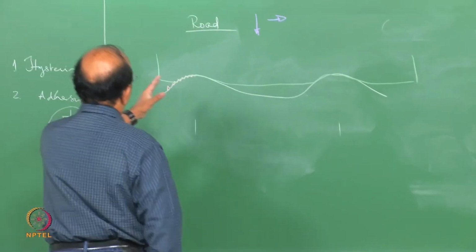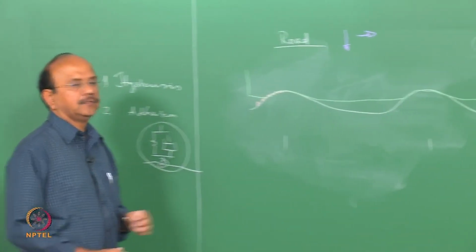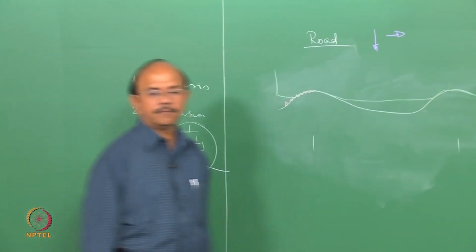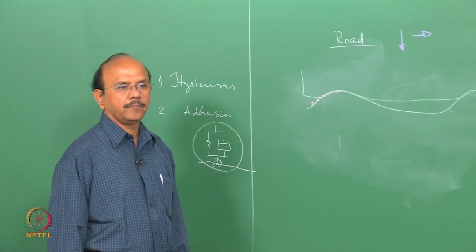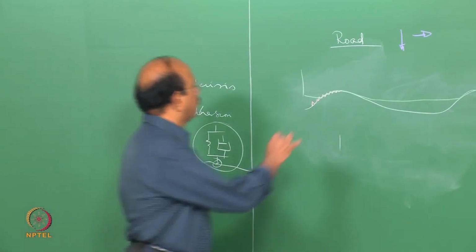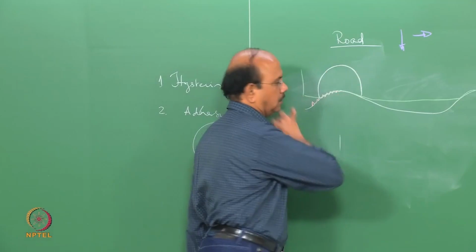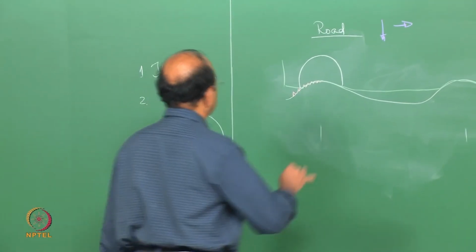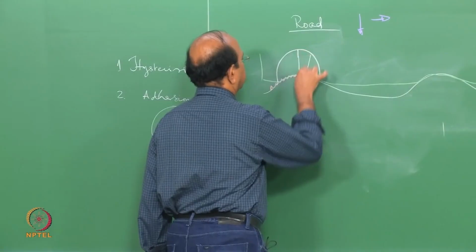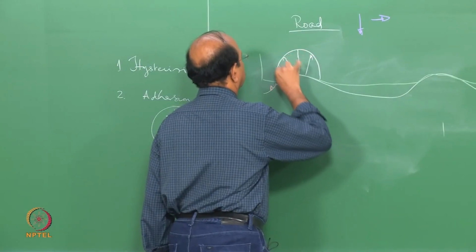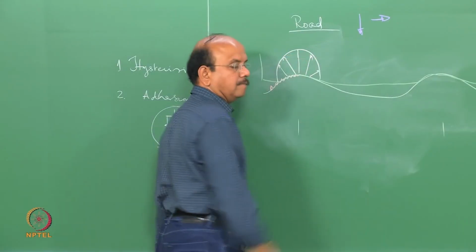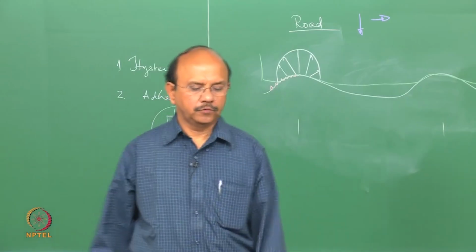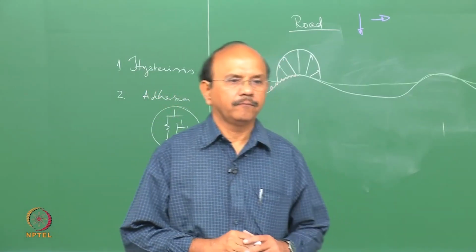Now, let's say that for a moment, forget about that. We have normal forces. Obviously, the normal force would give rise to a contact pressure, which would act something like this. Which would act something like that.